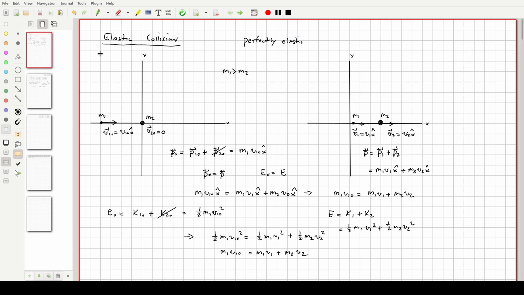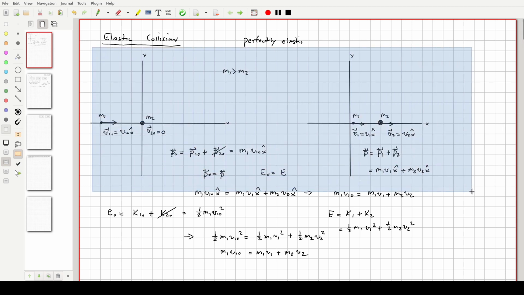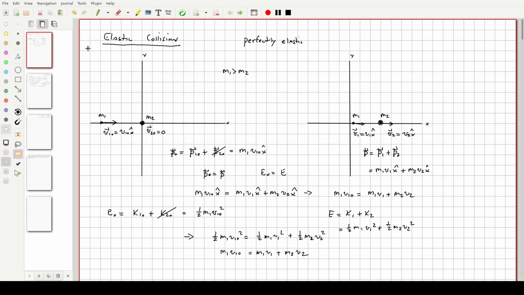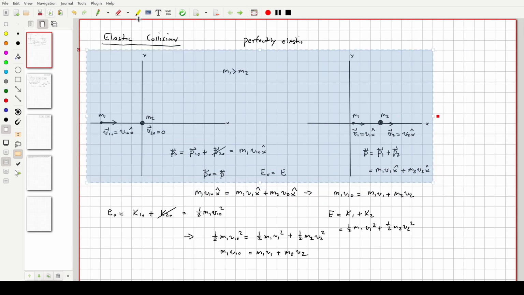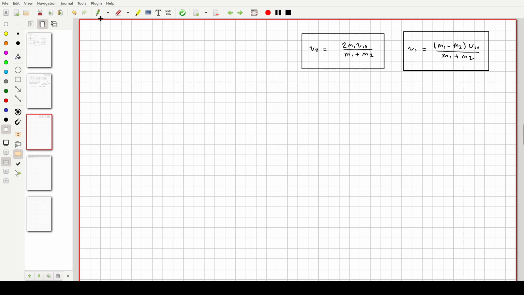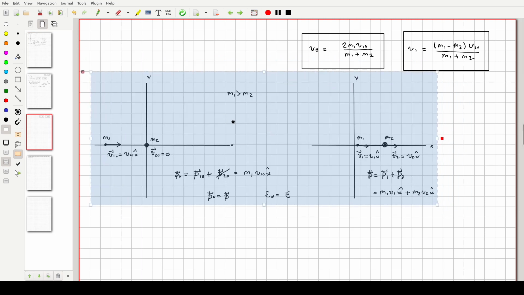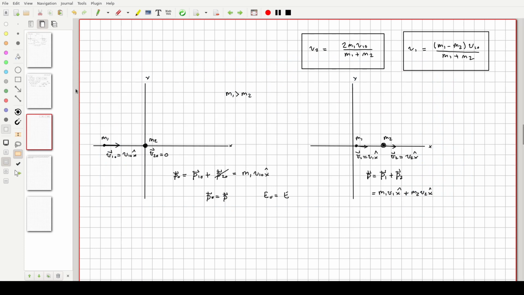Let me snag this too, and clear this up just a little bit. So this is the important condition that I'd like to draw your attention to: M1 is greater than M2.